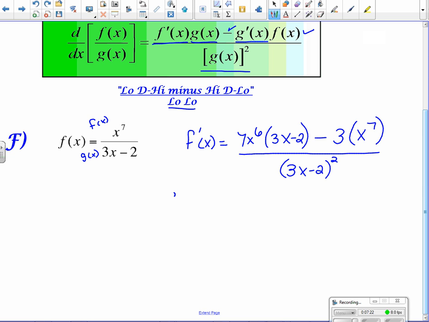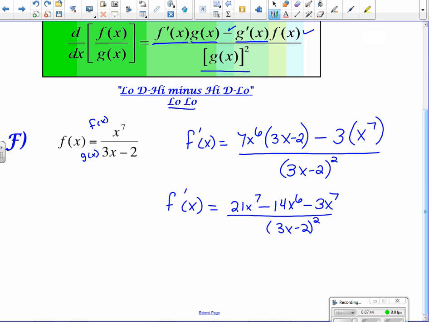Let's just simplify. We've got the basics laid out. We've done the hard work. Now it's just cleaning it up, a little bit of algebra involved. 21x to the 7th, add our exponents, minus 14x to the 6th, minus 3x to the 7th. And then the bottom, I am going to leave in factored form rather than expanding that out.